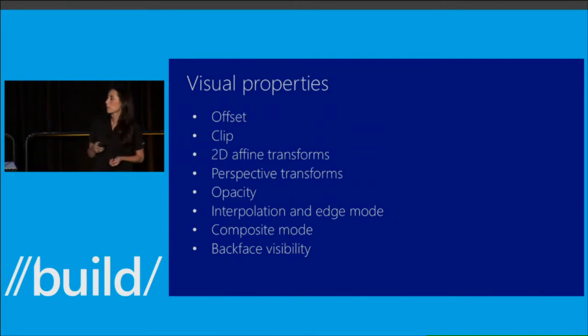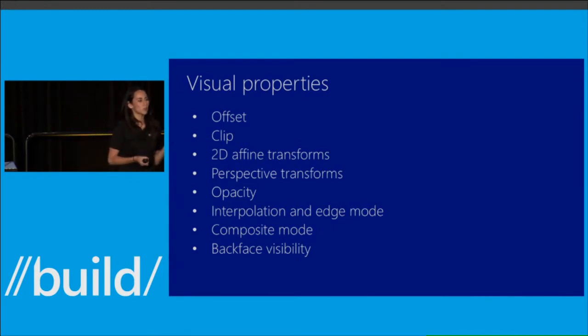For the visual properties, we offer this whole list. And so the offset is just the property that you use to position your visual correctly. The clips, we have a rectangular clip and a rounded corner clip. We have 2D affine transforms, 3D perspective transformations, a constant level of opacity, so a constant level of transparency for your visual. Then we have interpolation and edge mode, and that's just an anti-aliasing mode for your content and the borders of your content.